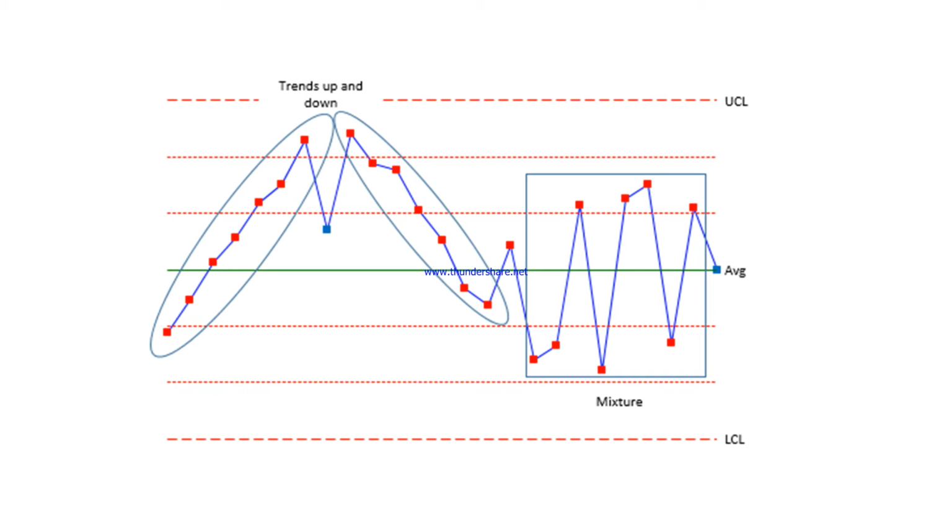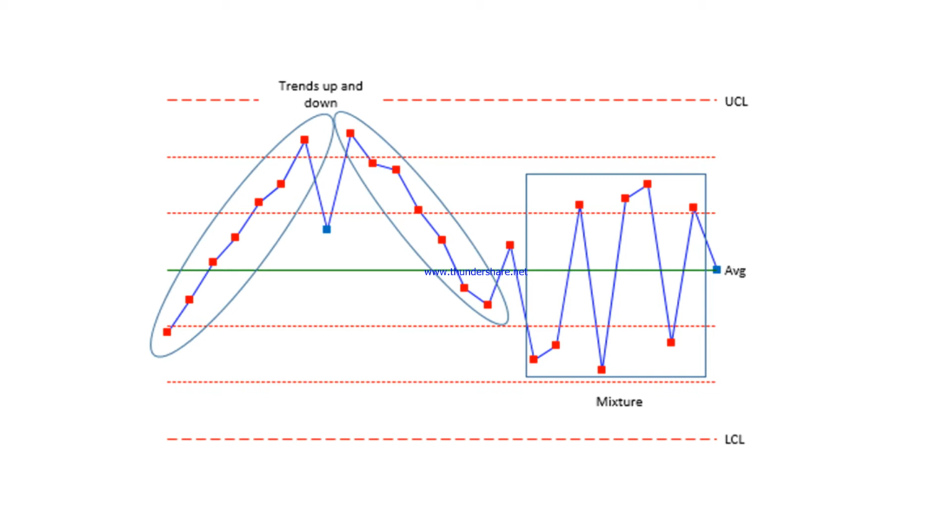So even though it exhibits as in control, we have to stop your process and see what the reasons are for this upward trend and downward trend. In that case also, you can't believe that the process is in control. If it is in control, you need to have a random behavior, like in this case, when you look at the mixture, it's showing a random behavior.